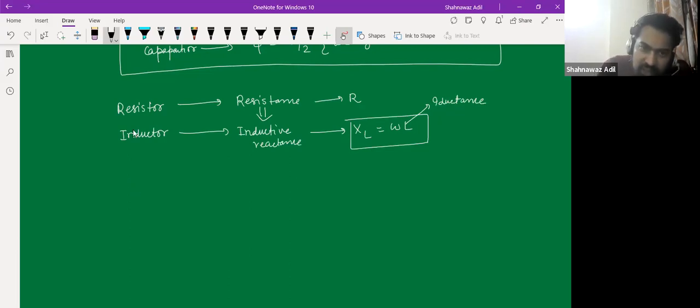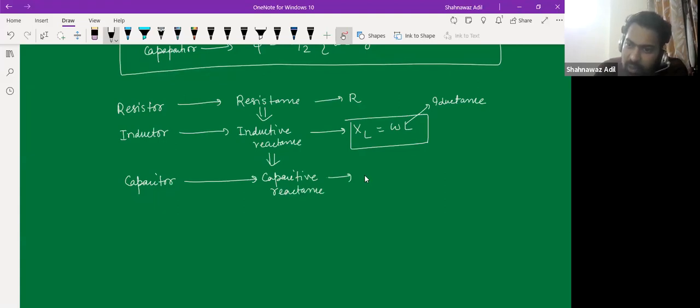And then for the case of capacitor, you have capacitive reactance. This is XC, which is 1 by omega C, where C is your capacitance.